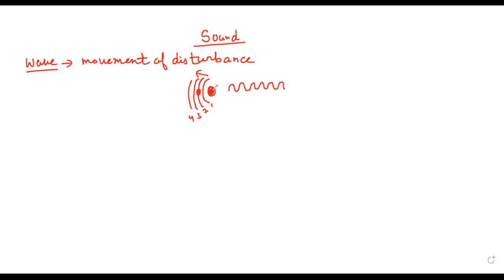The matter or the particles will not get transferred. What I mean is, that paper will remain here. The disturbance will be generated and it will pass on, but the paper will remain at the same position. It will not move ahead with the wave. That is not possible.